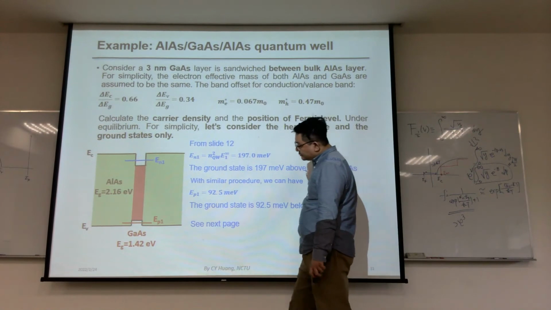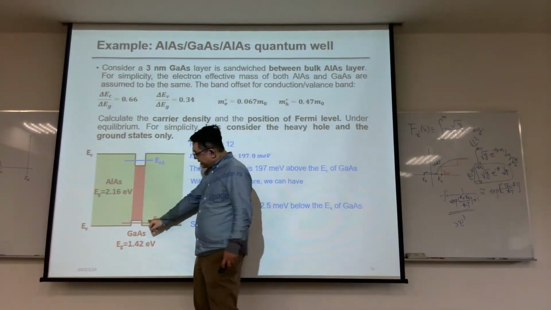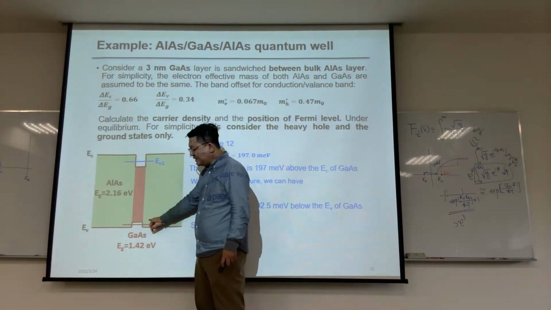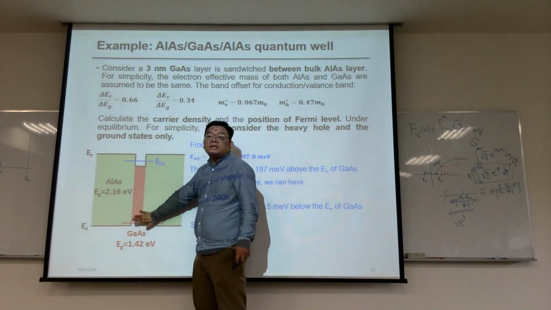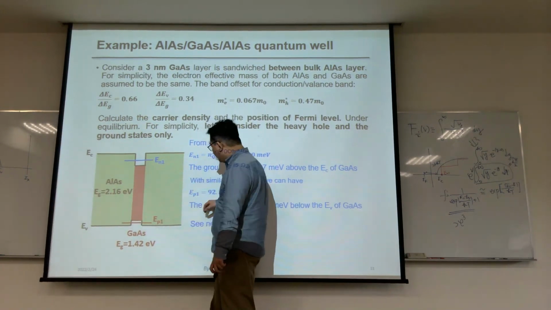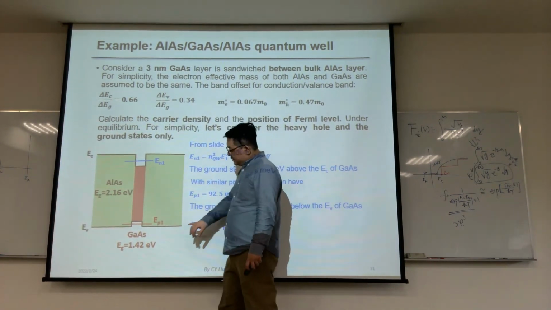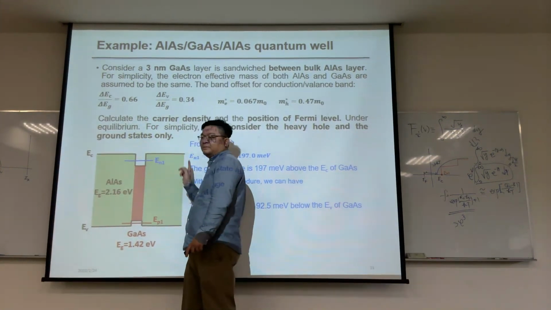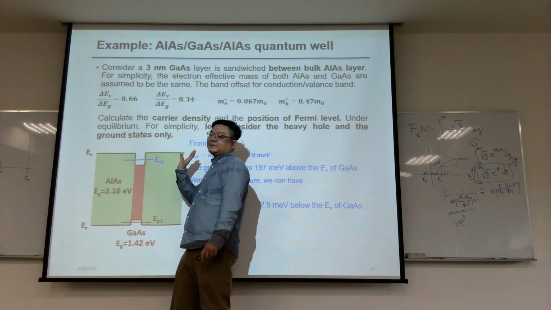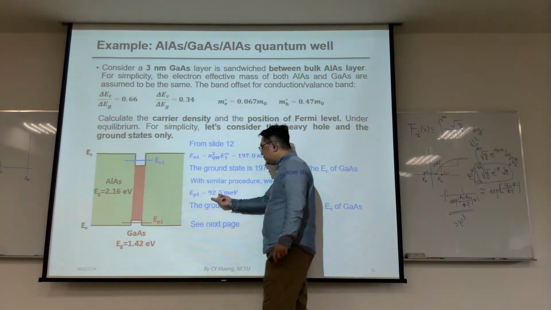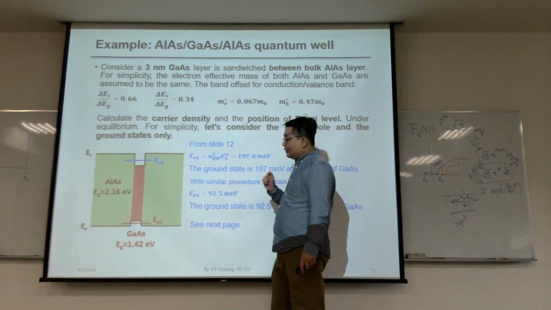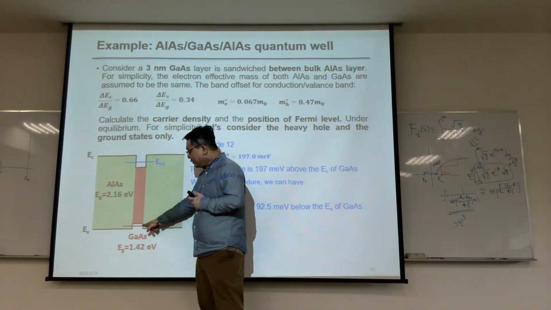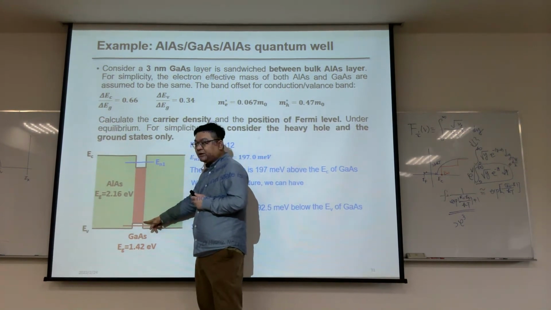All right, and remember that while we're doing the approximation, we always assume the edge, the local energy is 0. So when you get this number, you can imagine that we turn this image 180 degrees. So it flips. The 92.5 meV represents the distance between your ground state and your EV.